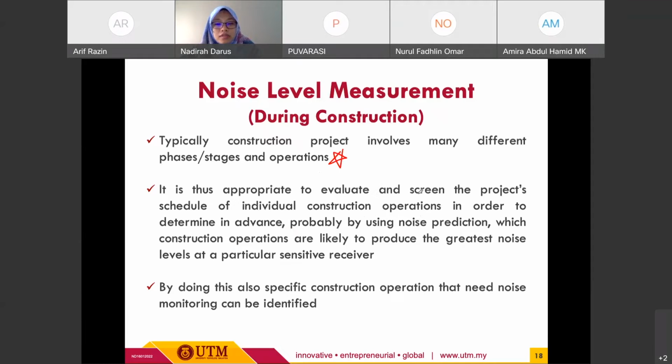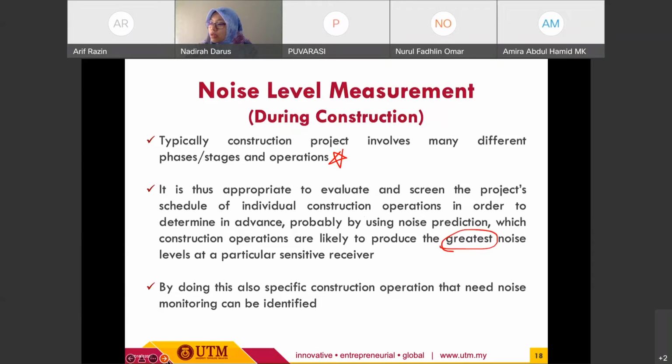Sebab most of the situation, construction operation most likely produce greatest noise at a particular sensitive receiver, especially construction site yang memang close or located nearby to the residential area. Specific construction operation that need noise monitoring also can be identified. So that's the purpose of the noise level measurement. Right?